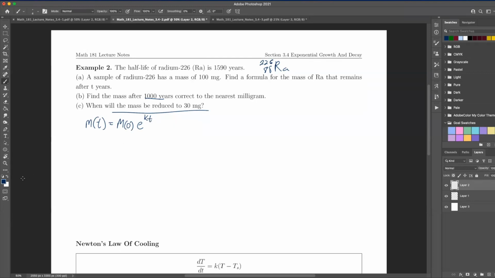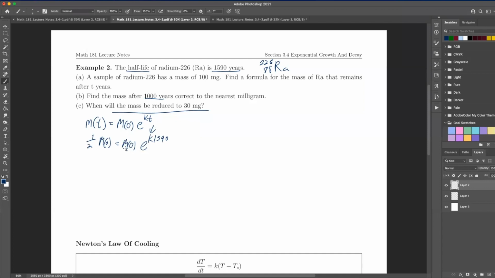I'm just writing the formula first. I know what the half-life is. Another way of saying that is I have half of my initial amount when it's been 1,590 years. And so this lets us solve for k.